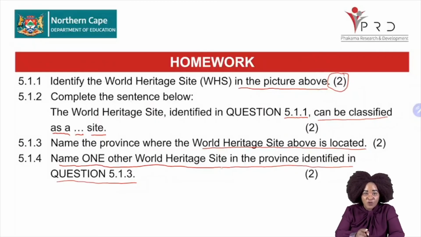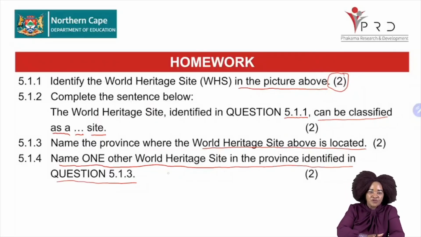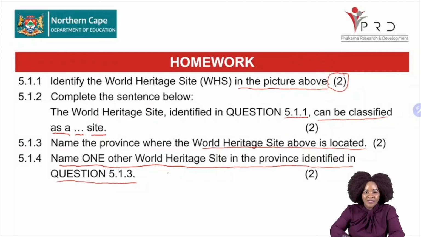So if you don't know that World Heritage Site, obviously you are not going to know the province, and also you are not going to be able to give one other World Heritage Site because you do not know the province itself. So it means now, when you're studying these World Heritage Sites, Grade 12 learners, you need to have the names, the provinces, the types, whereby you will say cultural, natural, or mixed. So you need to know all that information.